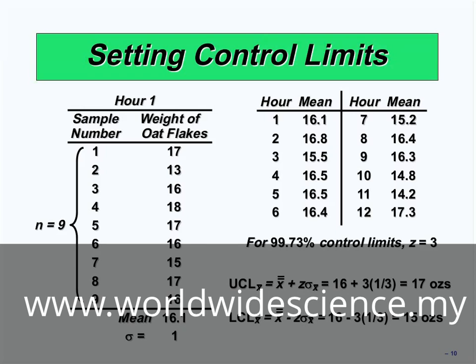Cup number 3 has a weight of 16. Cup number 4, 18. Cup number 5, 17. Cup number 6, 16. Cup number 7, 15. Cup number 8, 17. Cup number 9, 16. Because you have selected 9 cups, the sample size n is 9 for you.